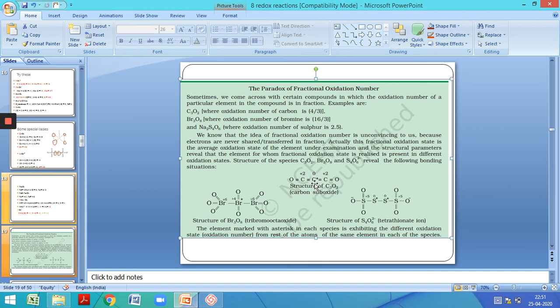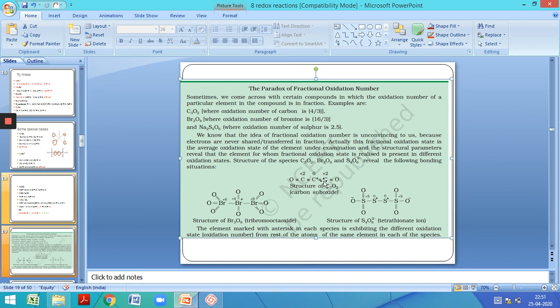Similarly, on the other side, carbon-carbon, same electronegativity. So 0 is the oxidation number because the electron pair of this covalent bond remains shared between the two. It is not a part of any of the atoms because none of these is more electronegative than the other. So the central carbon has a 0 oxidation number.